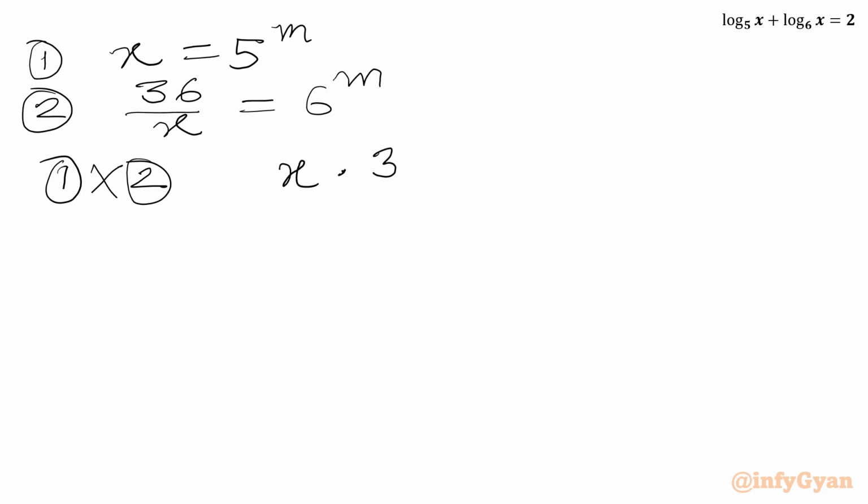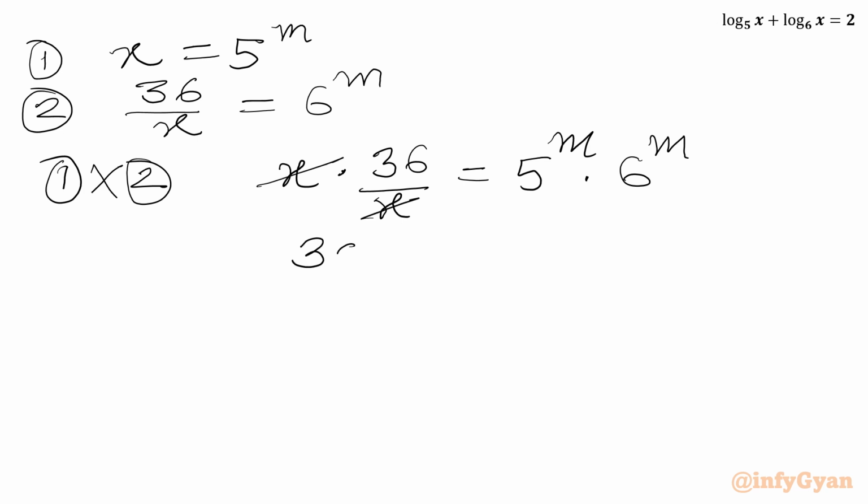X times 36 over x will be equal to 5 power m times 6 power m. So this x will be cancelled out from LHS. 36 equal to 5 power m times 6 power m.